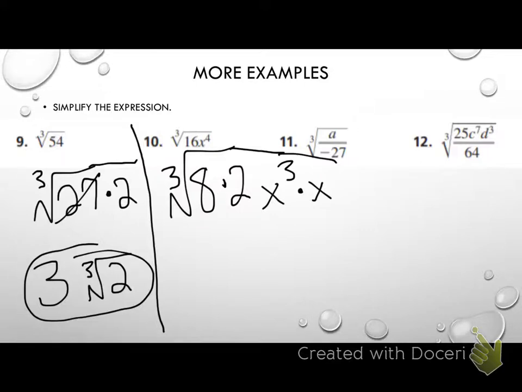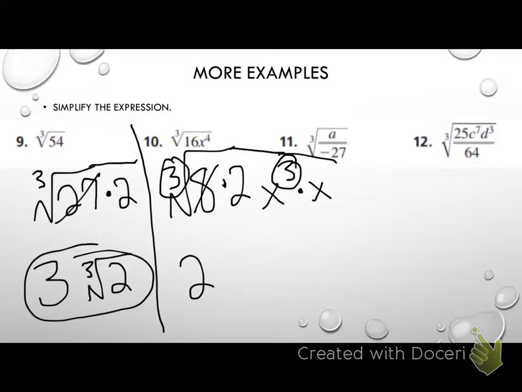So now let's take the cube root of the things that we can take the cube root of. I can take the cube root of 8. I get 2. 2 times 2 times 2 gives me 8. I cannot take the cube root of 2, so that will stay in the radical. Taking the cube root of x to the 3rd, I'm dividing the exponent by the index.